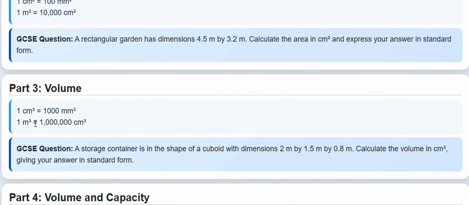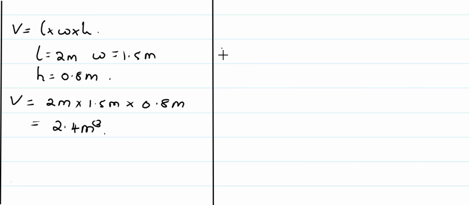So we already know 1 meter cubed is equivalent to 1 million centimeter cubed, like that.